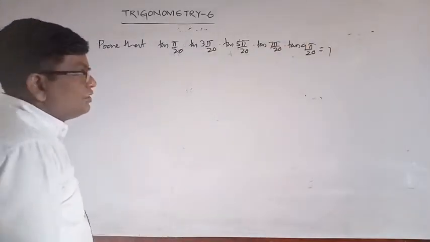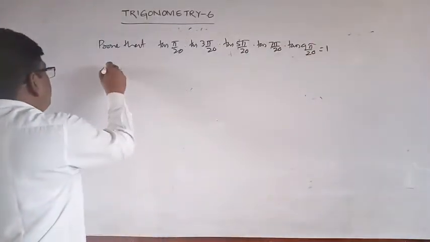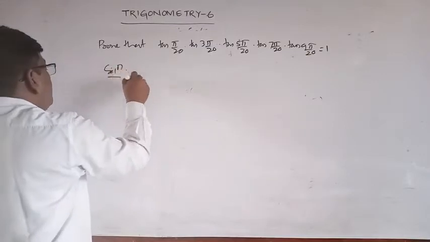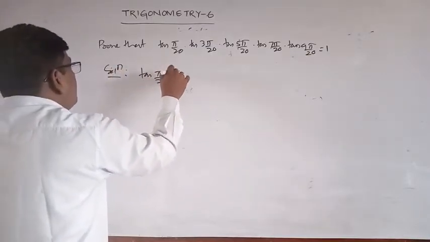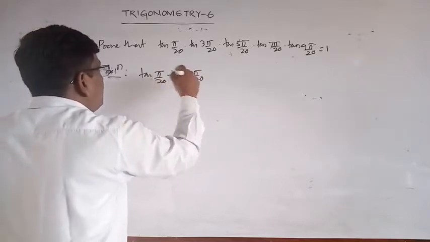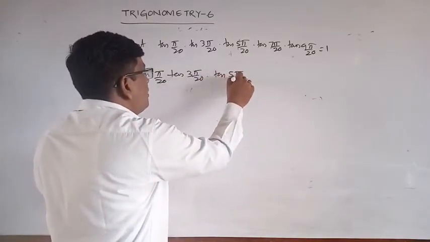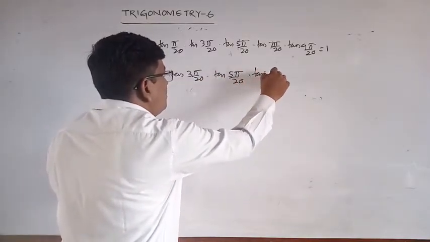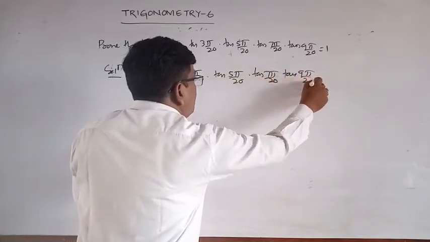Okay, so this is equal to 1. Left hand side solution: tan(π/20) into tan(3π/20) into tan(5π/20) into tan(7π/20) into tan(9π/20).